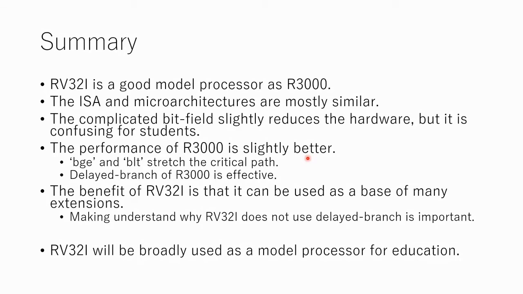And the performance of R3000 is slightly better than RV32I. So these two issues contribute to it. But it's a somewhat obvious result, because R3000 is optimized for 32-bit RISC architecture, while RV32I is designed as a base of many extensions.